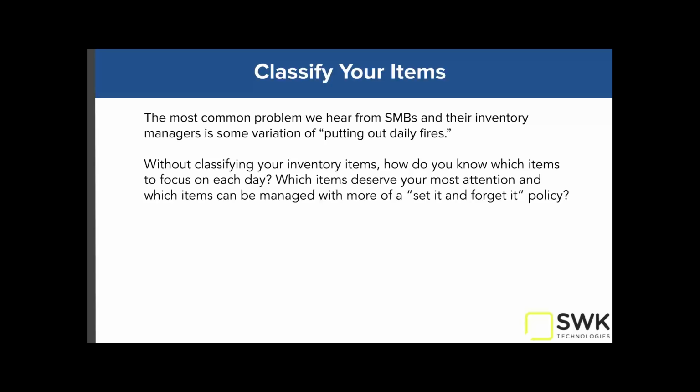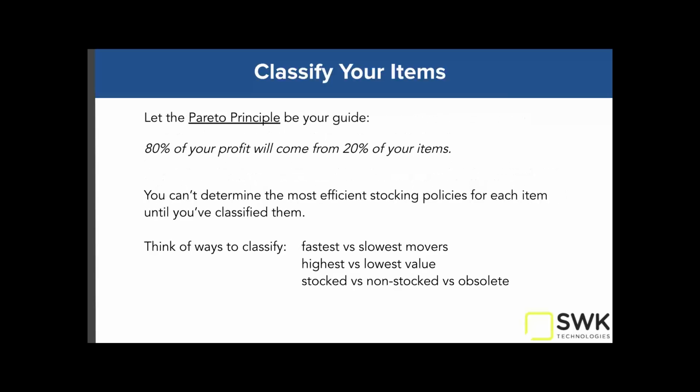So that I can spend my time and energy, which we know is limited, right? Time is our most precious resource. We're all wearing multiple hats many times, especially in small, medium-sized businesses. This may be one of 3 or 4 different responsibilities I have in the organization. So my time is limited. So how do I make best use of my time and focus on the most important items within the organization?